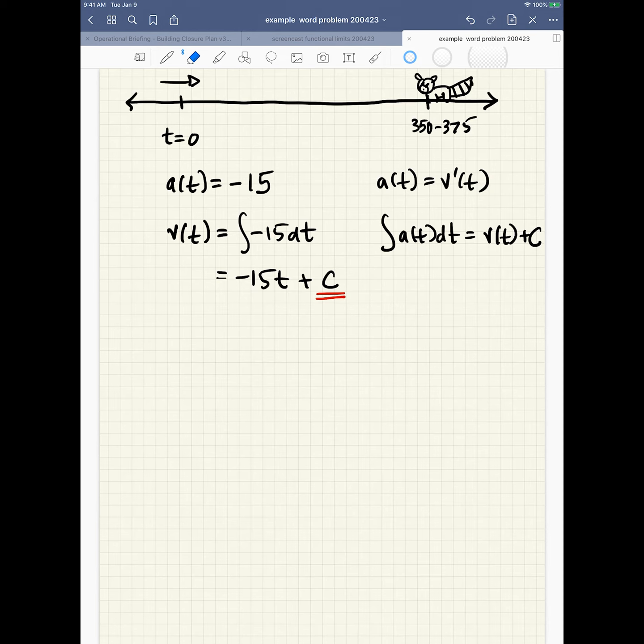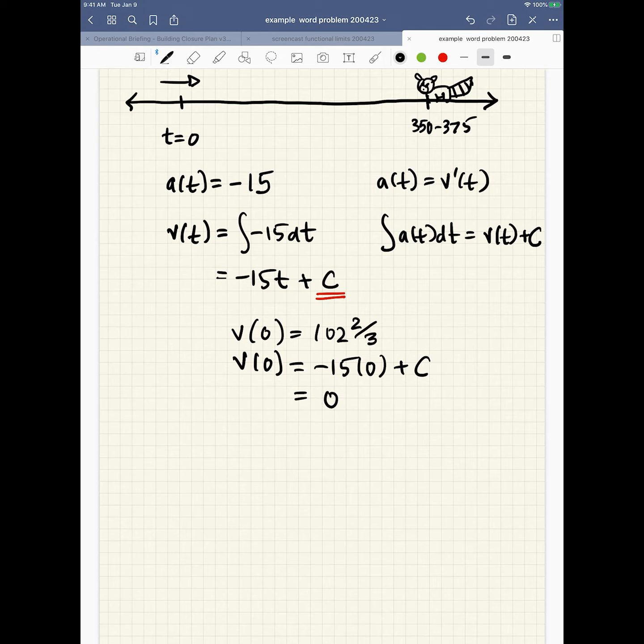To find the specific one, we're going to use information that we were given in the problem. We were told that at the moment the driver hit the brakes, when t equals 0, the driver was going 70 miles per hour, and we computed that to be 102 2/3 feet per second. So we know that. Now, given our computation using the antidifferentiation, we also know that plugging 0 into that function, our velocity is given by this expression.